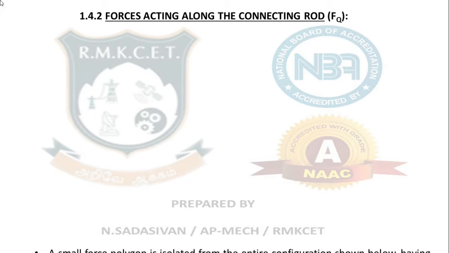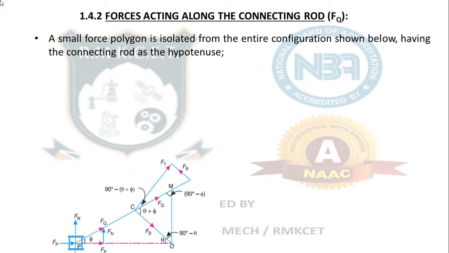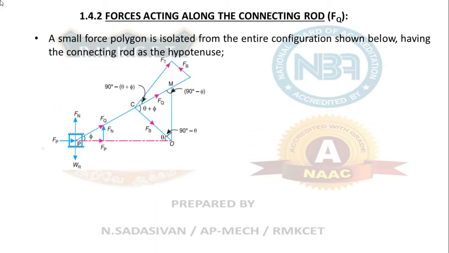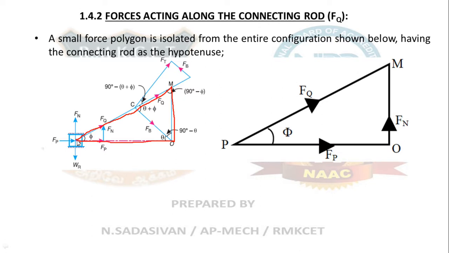Forces acting along the connecting rod. A small force polygon is isolated from this entire configuration, having the connecting rod as the hypotenuse. Let us consider this primary triangle. This entire triangle is taken and separated out, and kept here. If you see the edges of the triangle, you can understand.